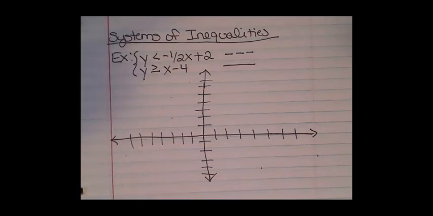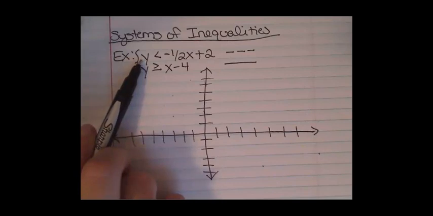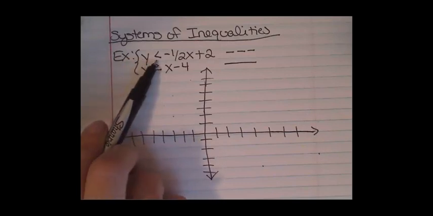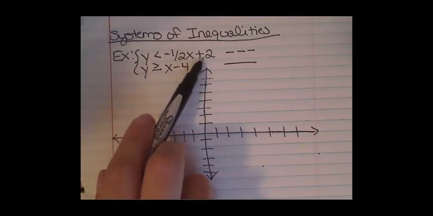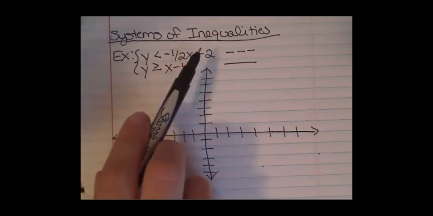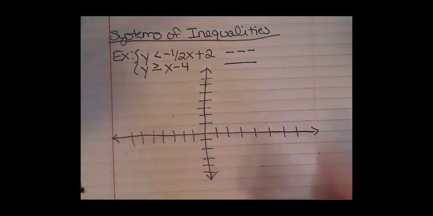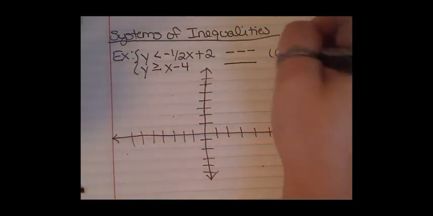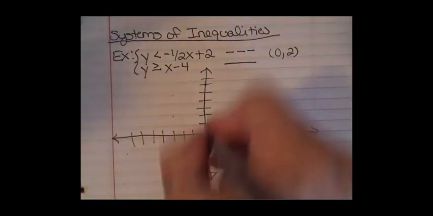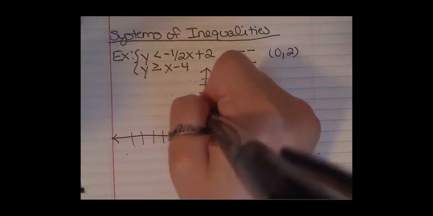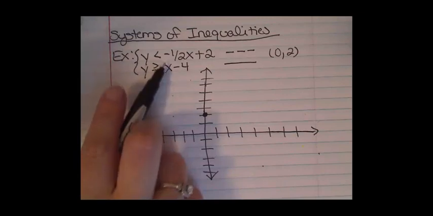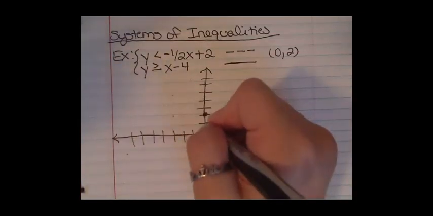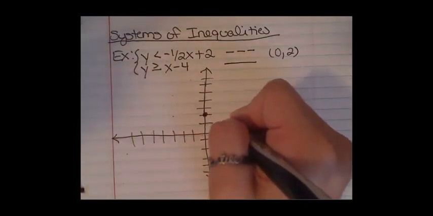So we're going to do the first one. We get y is less than -1/2 x plus 2. That plus 2 is our y-intercept, so that means we're going to have a point at 0, 2. So that's going to be my first point, 0, 2, right there. And then I have a slope of -1/2, so I'm going to go down 1 and to the right 2, and I'm going to plot that other point.